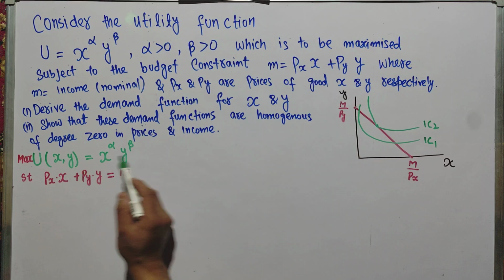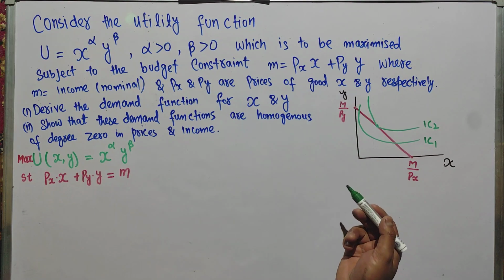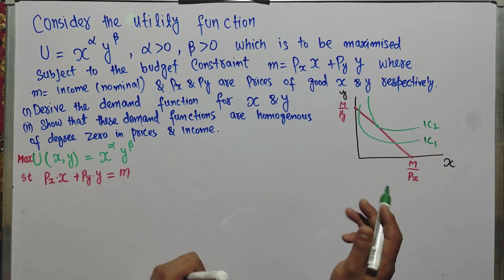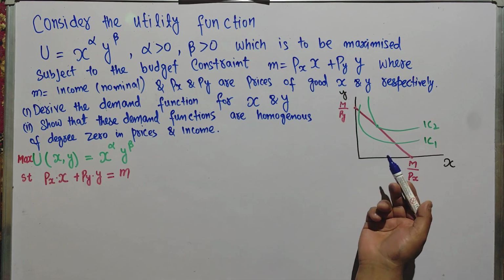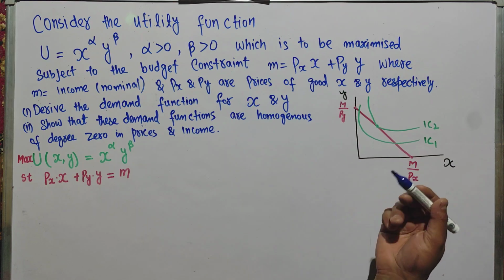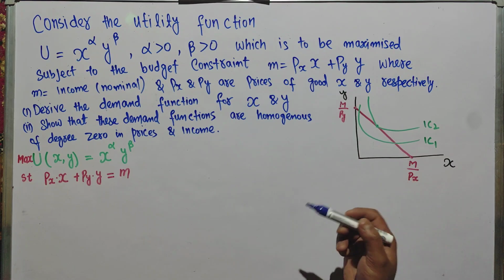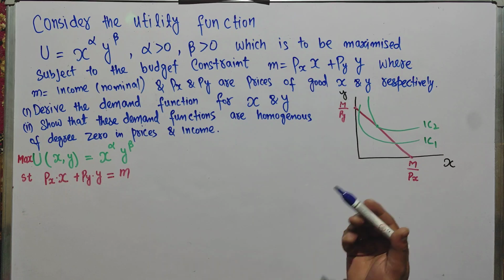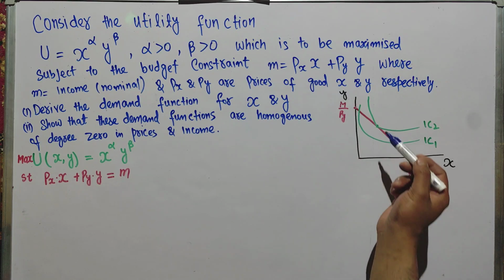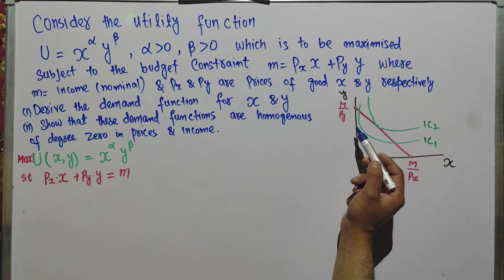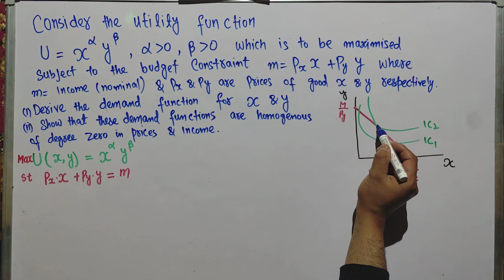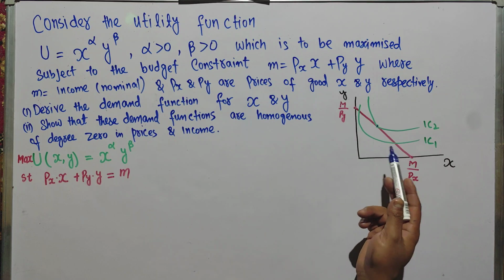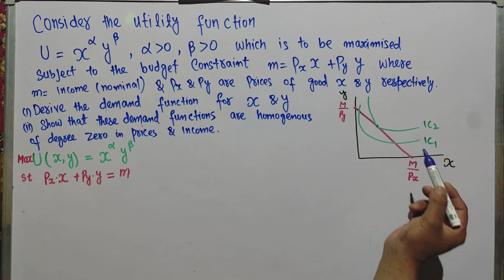I will explain it here, and I'm really sorry for this background noise. The consumer will choose his optimal bundle when the slope of the indifference curve and the slope of the budget constraint are equal, and it happens at a point where the indifference curve and budget line are tangent.